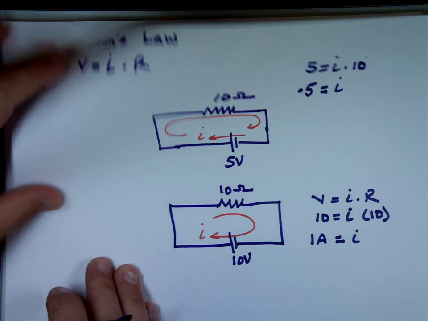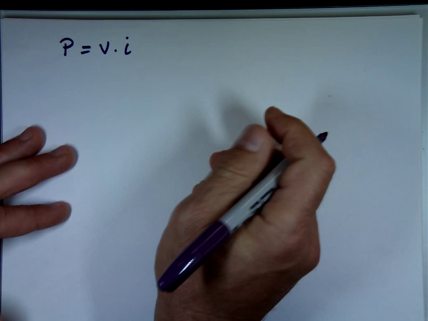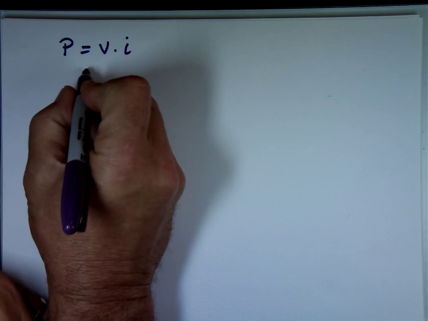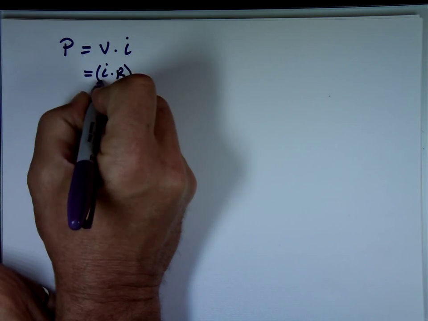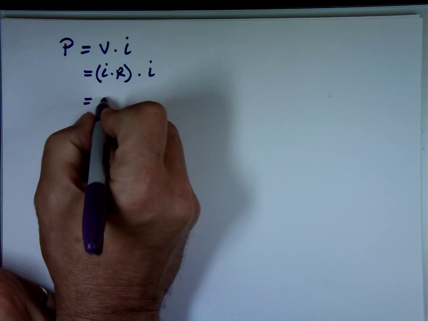We know power equals V times I. And if I use Ohm's law, instead of V, I'll put I times R for the voltage, multiplied by I. You also end up with power being what?